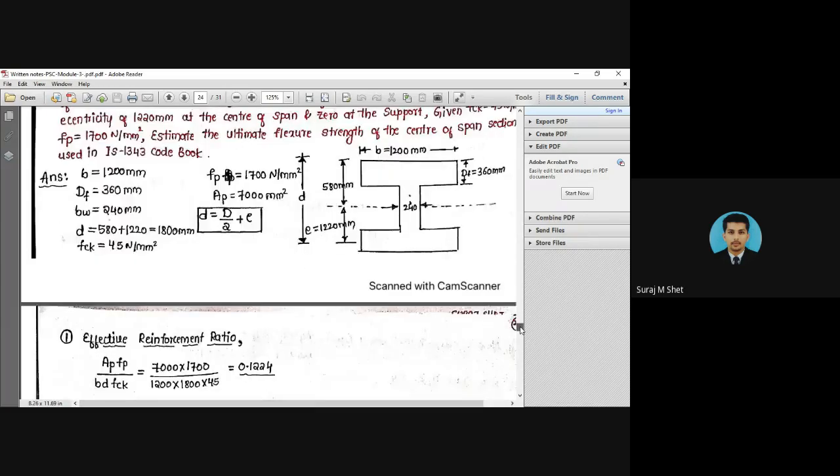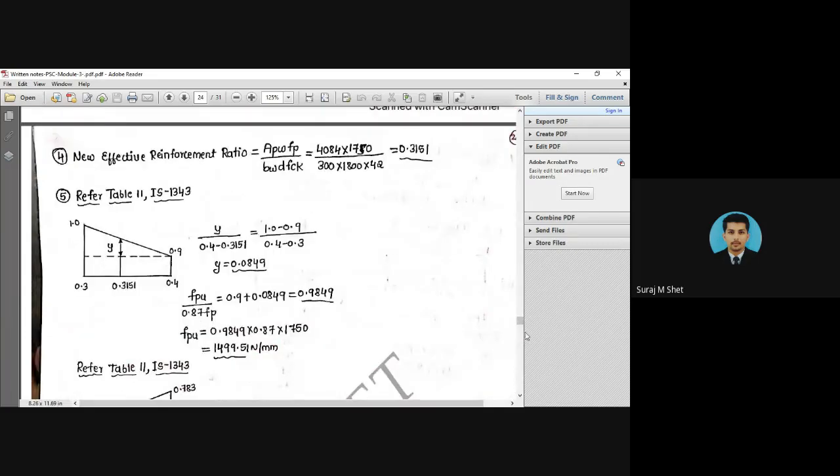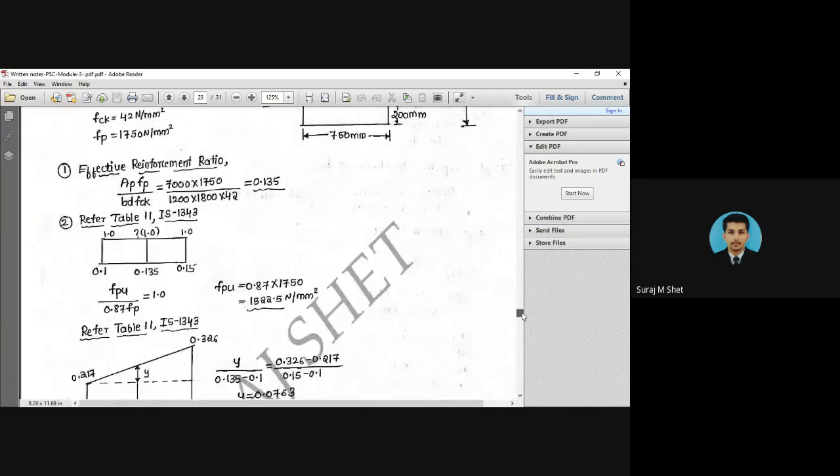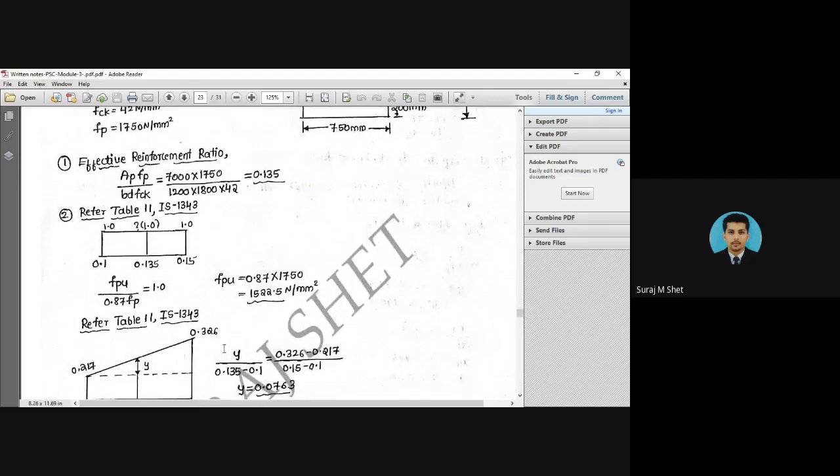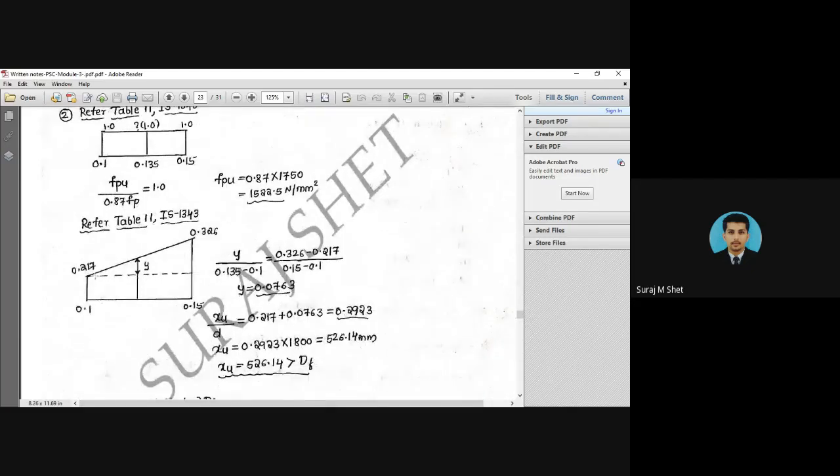How to calculate this unknown value? See, 217 and 326 here. From 0.1 the value is 217 and at 0.15 the value is 326, and again you have to do the interpolation. How to do the interpolation?